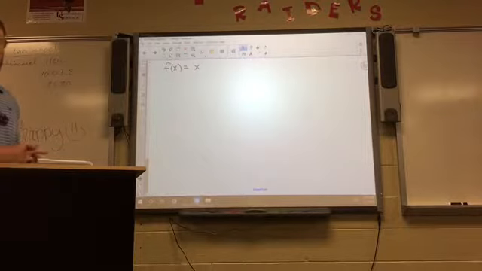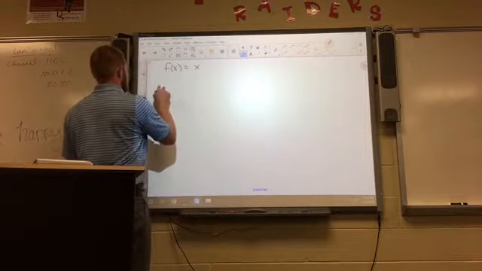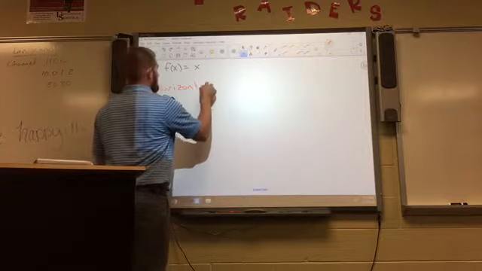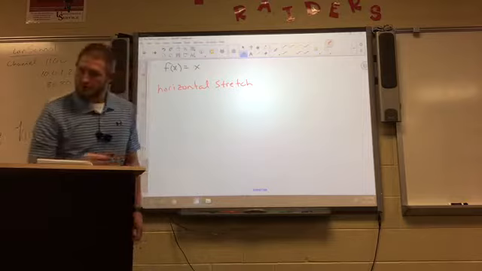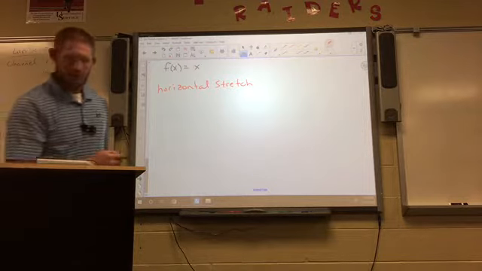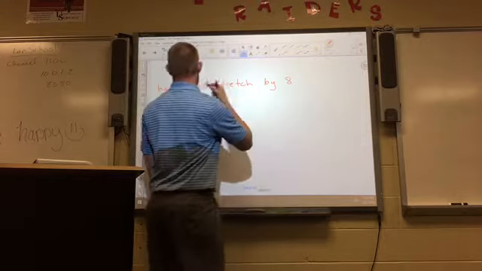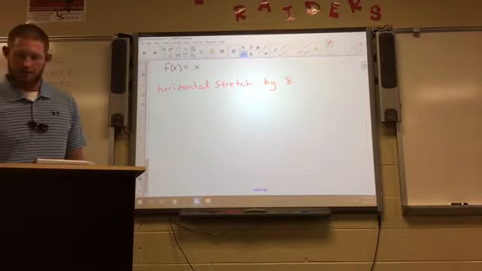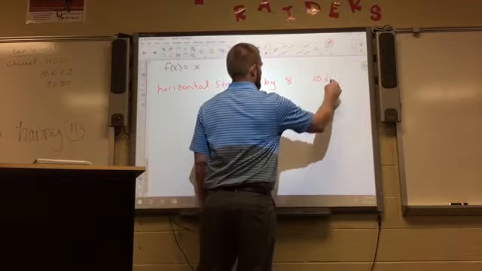And they want me to take this graph and they want a horizontal stretch, I believe they say stretch, by 8. On this one, I'm doing a different one than what you guys have a little bit, but it's the same concept. And translate it 10 units down.